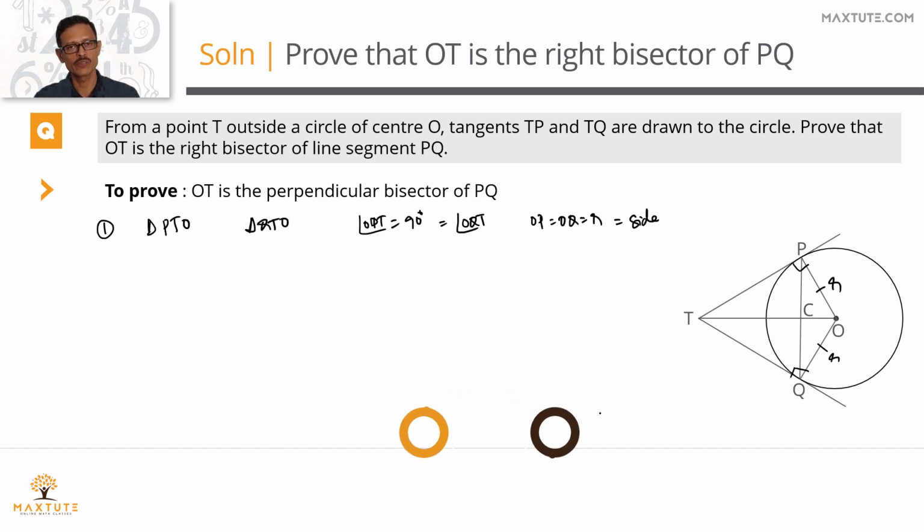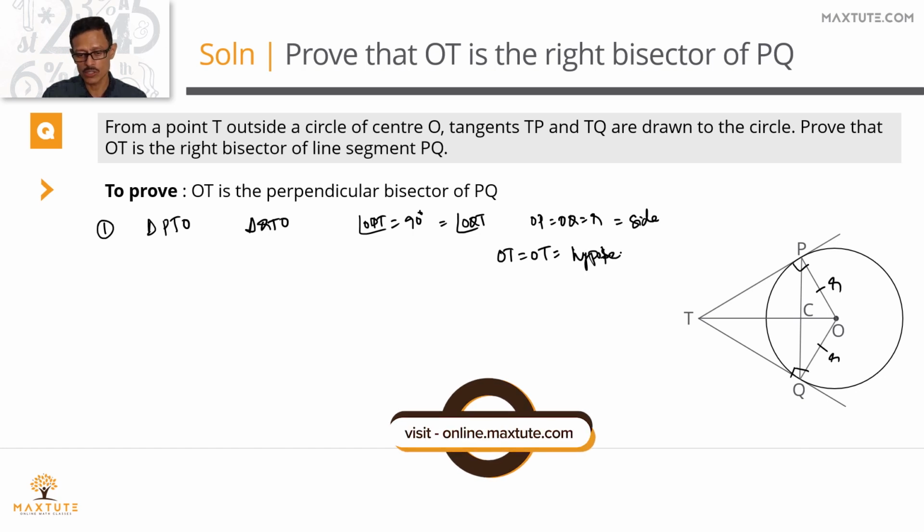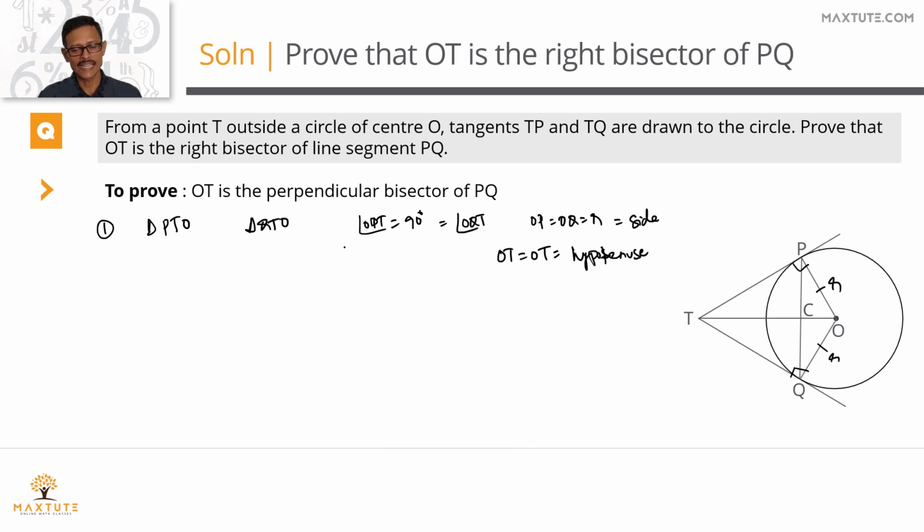All that is left is to establish that the hypotenuse of both these triangles is the same. OT is a common side to both these triangles. OT happens to be the hypotenuse. So we established that the hypotenuse is also equal. So right angle, one side equal, hypotenuse equal. So by RHS, we can establish that PTO and QTO are congruent triangles.